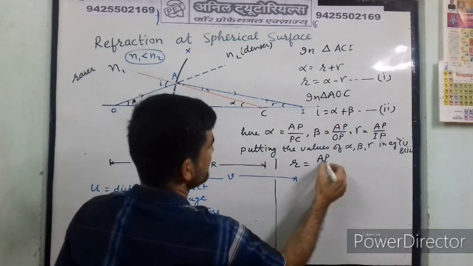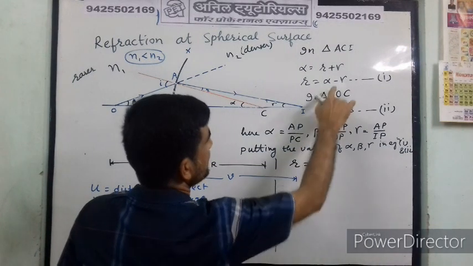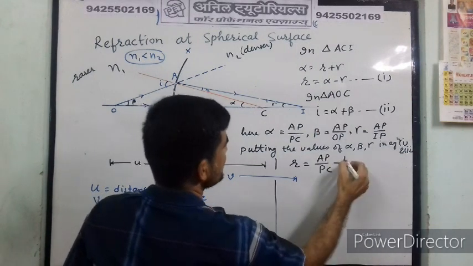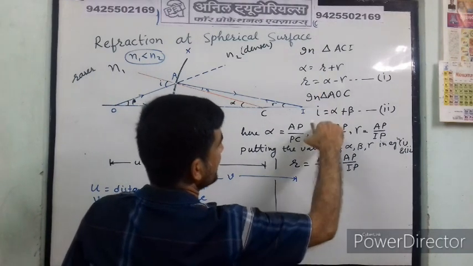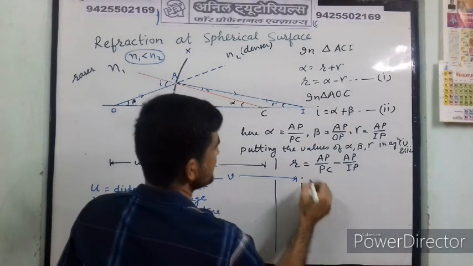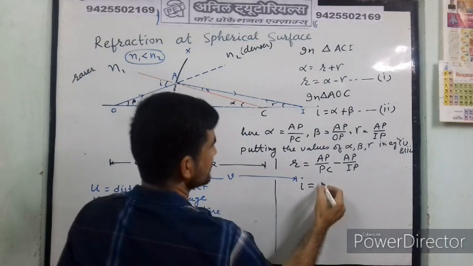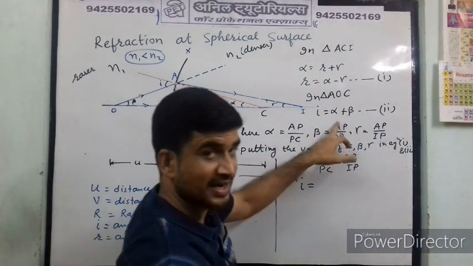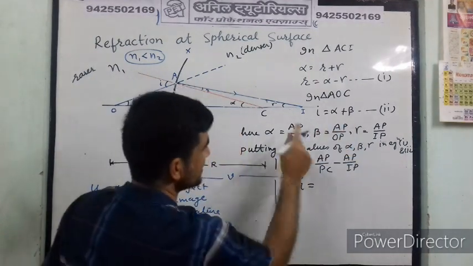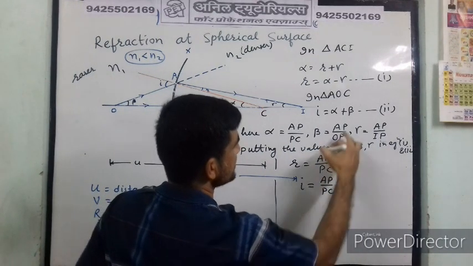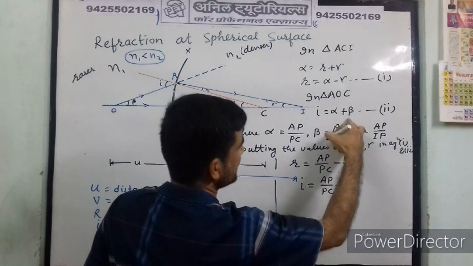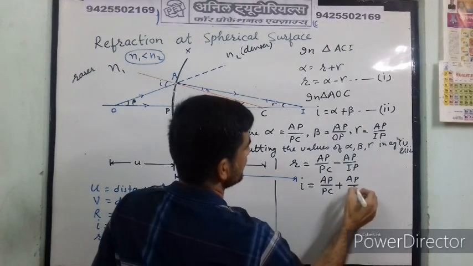Alpha means AP upon PC, gamma means AP upon IP. And what about I? I is equal to alpha plus beta. Here alpha is equal to AP upon PC plus beta, AP upon OP.